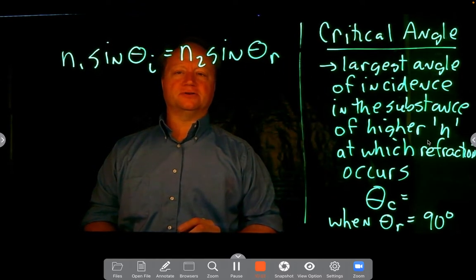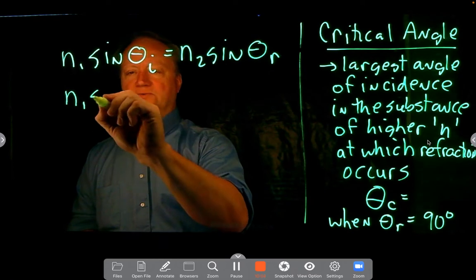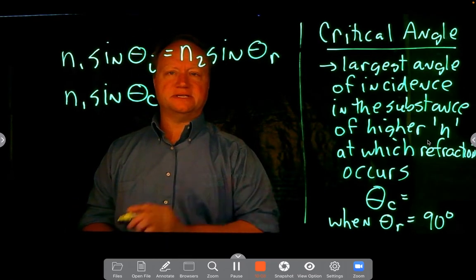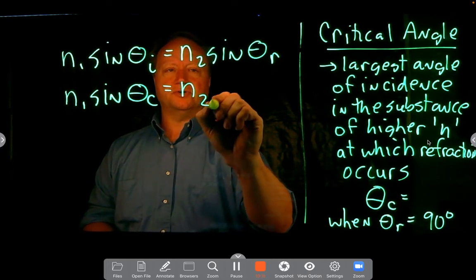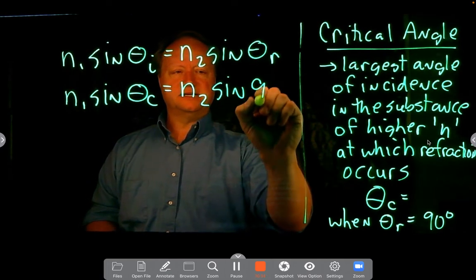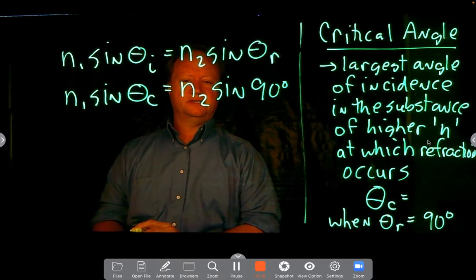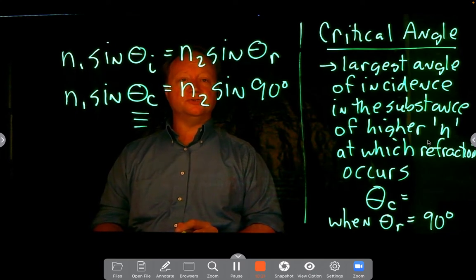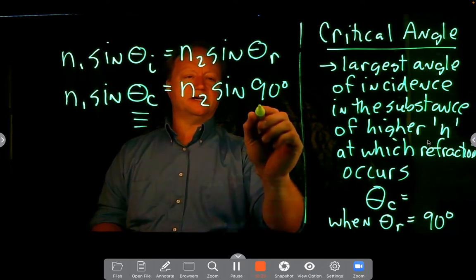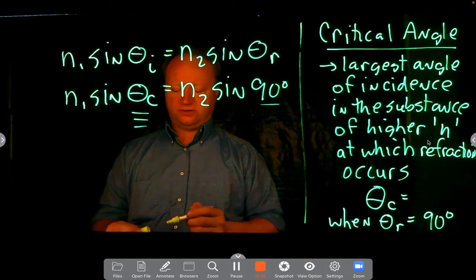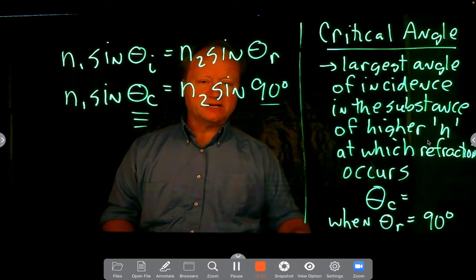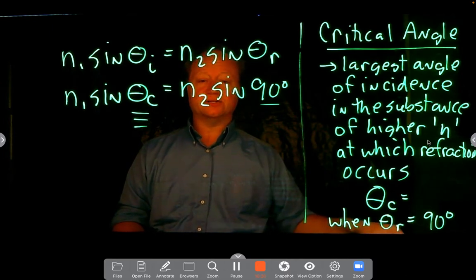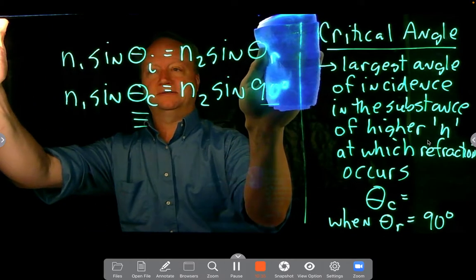If we want to calculate the critical angle, then n1 sine theta c, the critical angle being your angle of incidence, is going to be equal to n2 sine 90 degrees. That will solve you down for the critical angle. So it's not really a new equation. It's just recognizing what you need your theta r to be. Now, let's take a minute to look at this in simulation first of all, and then let's look at another example problem.